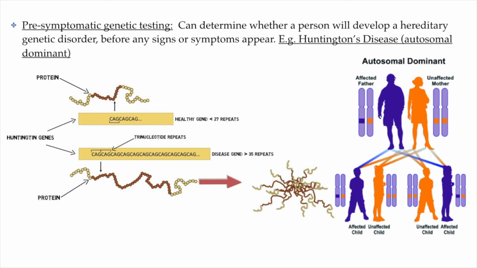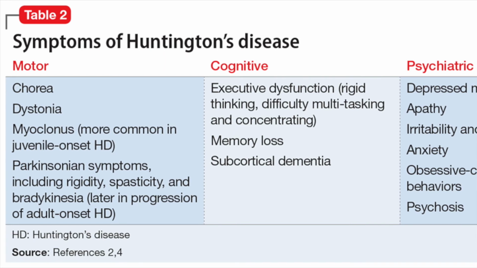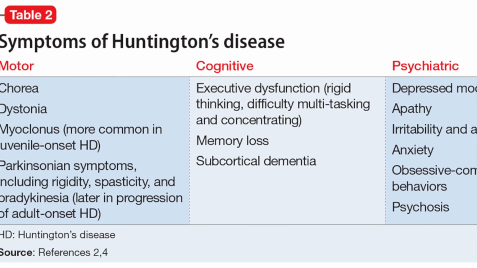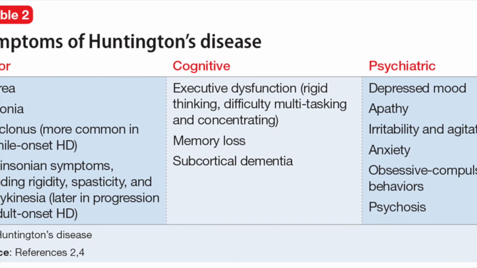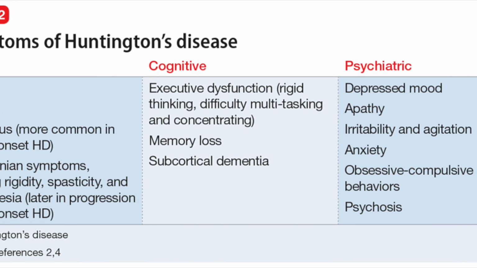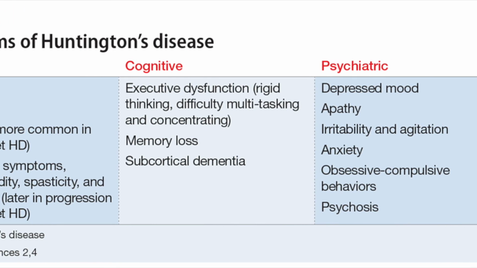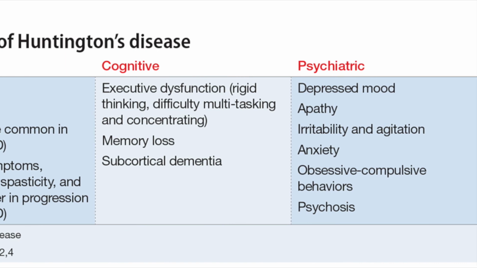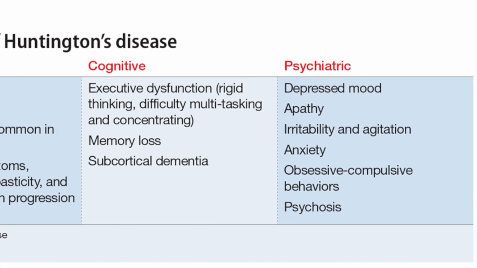So let me give you an example. One of the most famous examples for pre-symptomatic genetic testing is for Huntington's disease. Huntington's disease is a progressive brain disorder that causes uncontrolled movements, emotional problems, changes in personality, loss of cognition. This is basically loss of thinking ability.